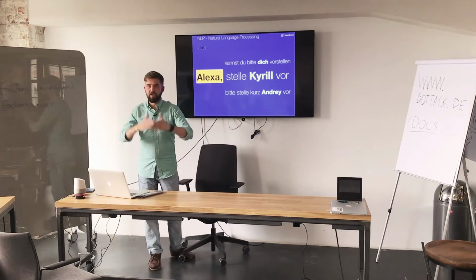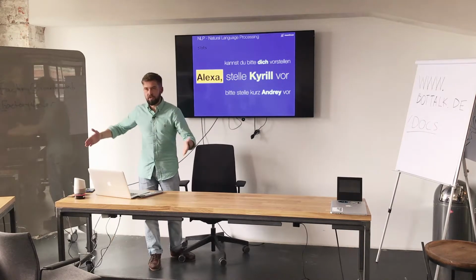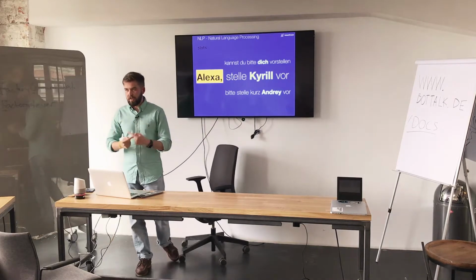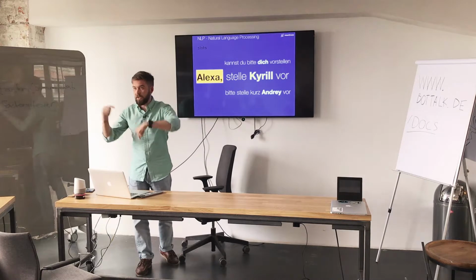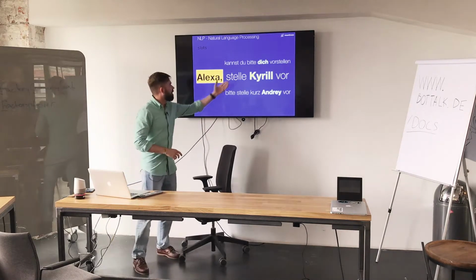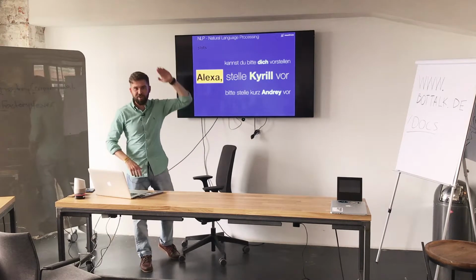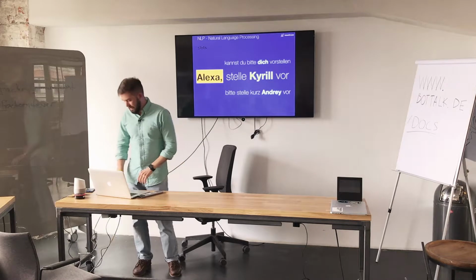A German name, an English name, a name of a German city, a name of an English city, a currency, and stuff like that. So Alexa understands, okay, these are the slots, I have to fill them in, so you don't have to define the whole dictionary of English names yourself and of Russian names and stuff like that.